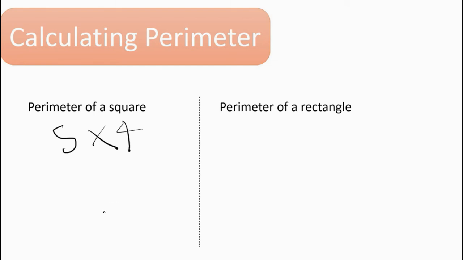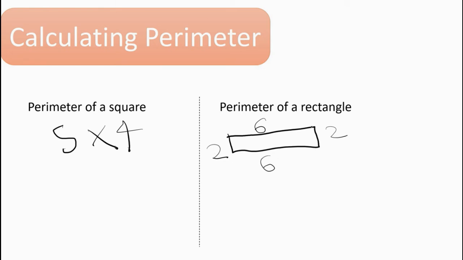Okay, so now we are going to have a look at the formula for the perimeter of a rectangle. So let me draw a rectangle over here, really very rough. Now for example, if this is 2 and this is 6, then this will be 6 and this will be 2. Now it's going to be 2 plus 2, so it's going to be the breadth.